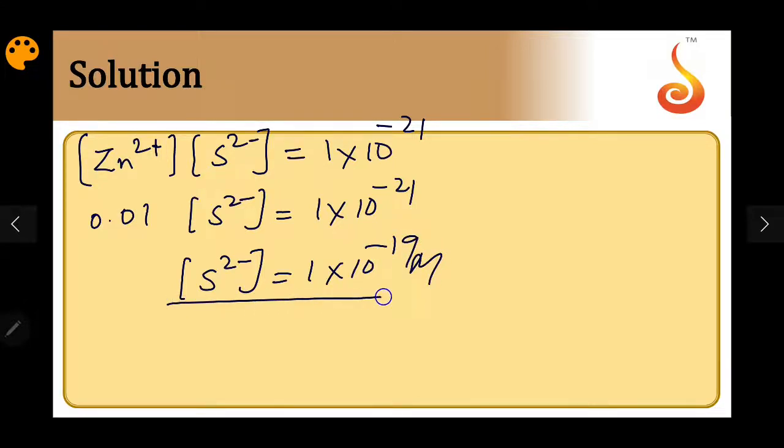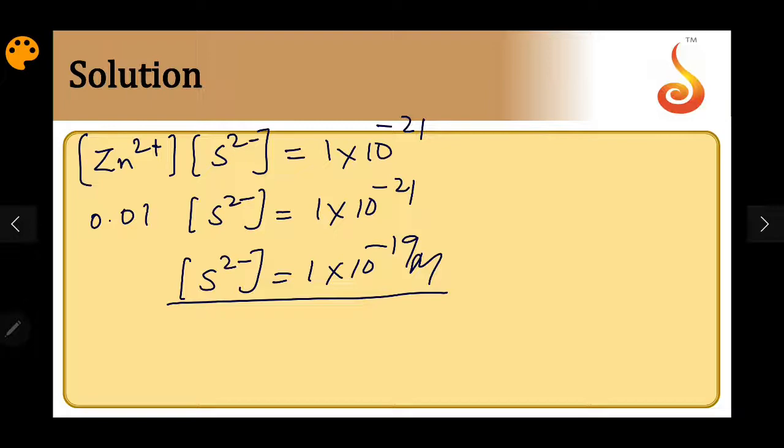Anything above this can precipitate ZnS. So if I want the concentration of sulfide ion to be less than this, I need to maintain H+ ion concentration by adding HCl, right? So I have to substitute this in H2S. What is the minimum pH I require?